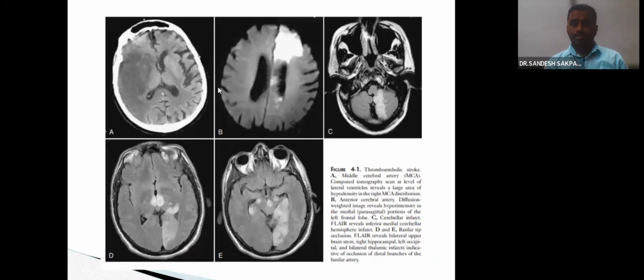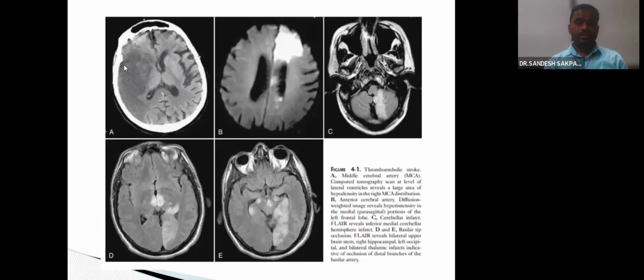When I come ahead, how do we identify the stroke? We should know the territory of the artery supplying that part. Here, this is the insular cortex. We can see an image of the middle cerebral artery territory on the CT scan. How is it seen? Whenever the insular ribbon-like structure gets impaired, this is an MCA territory infarct.